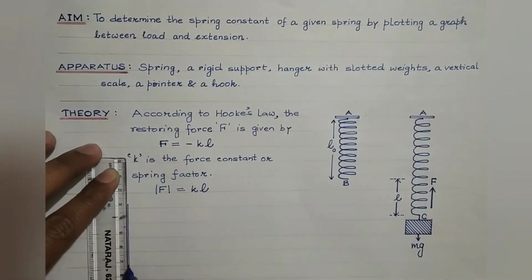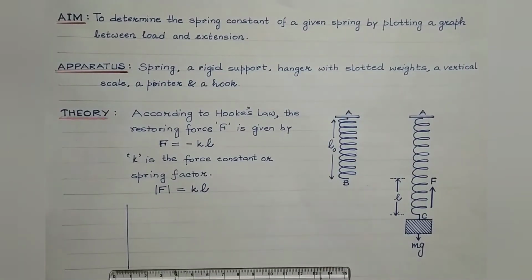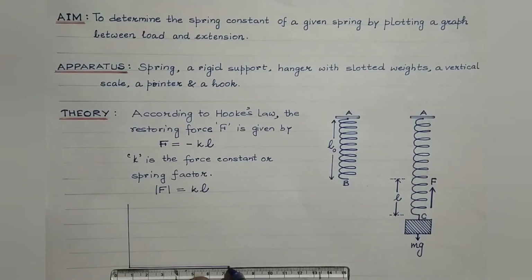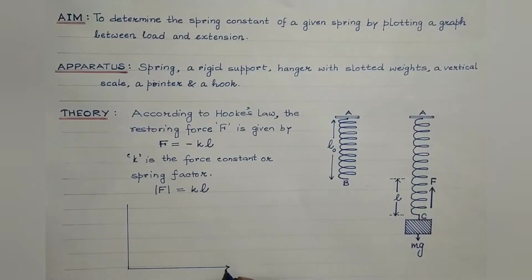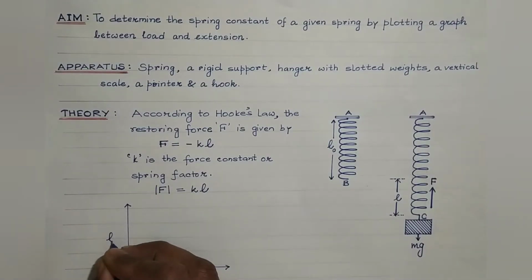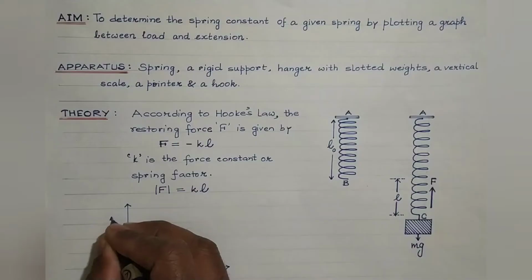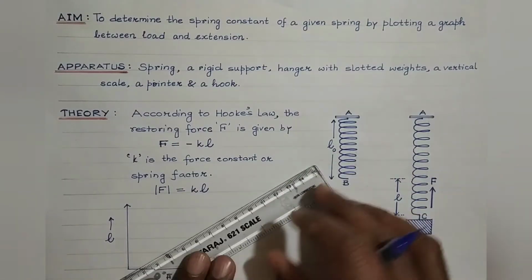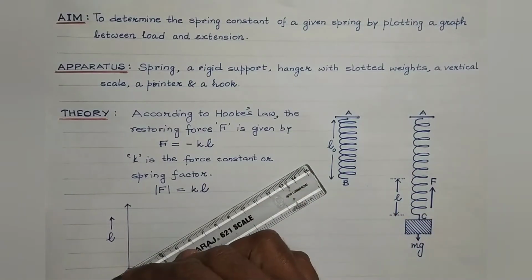If you plot a graph between F and L, then as we are aware, F is directly proportional to L. That is, the graph between F and L must be a straight line passing through the origin, isn't it? With the increase in the load, the extension of the spring will also increase accordingly.